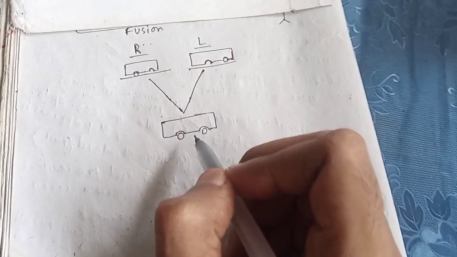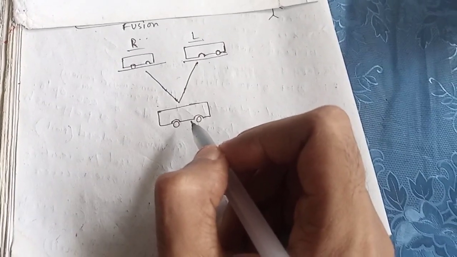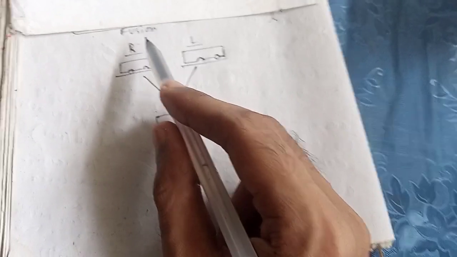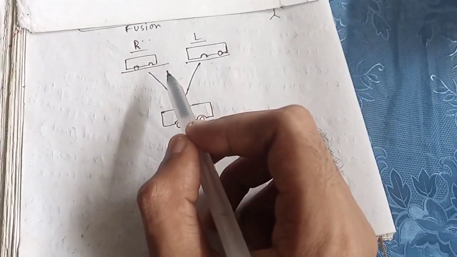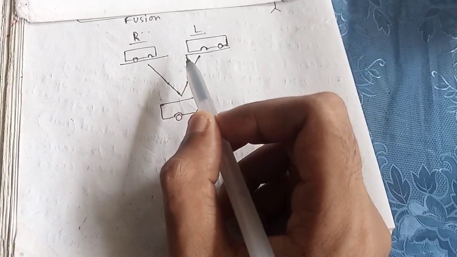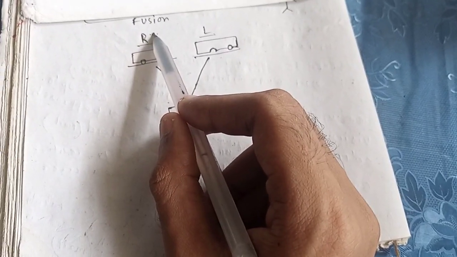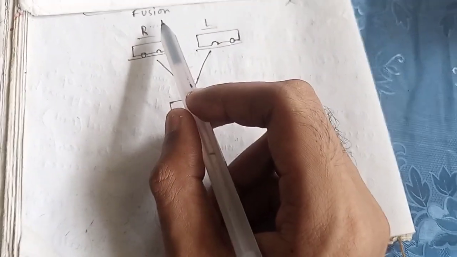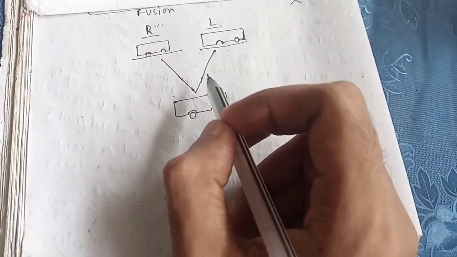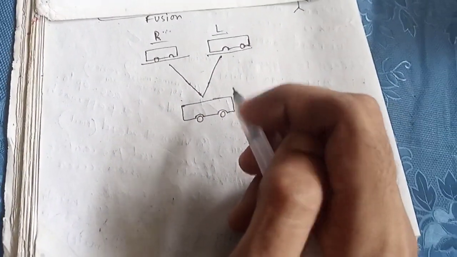This is the most important part of binocular single vision. If fusion is not present, then we have binocular vision, but it is binocular double vision. Fusion is the essential component for which we can see a single object in spite of having two eyes.